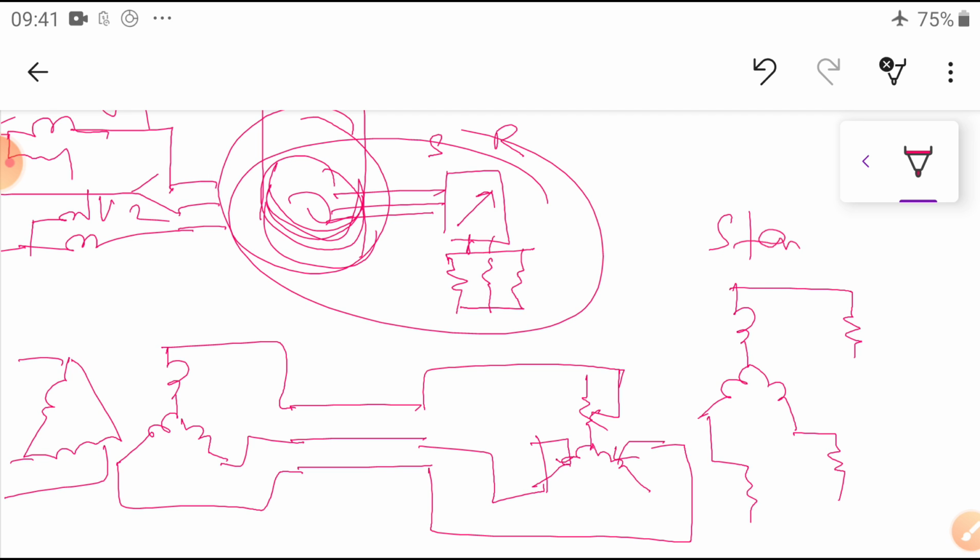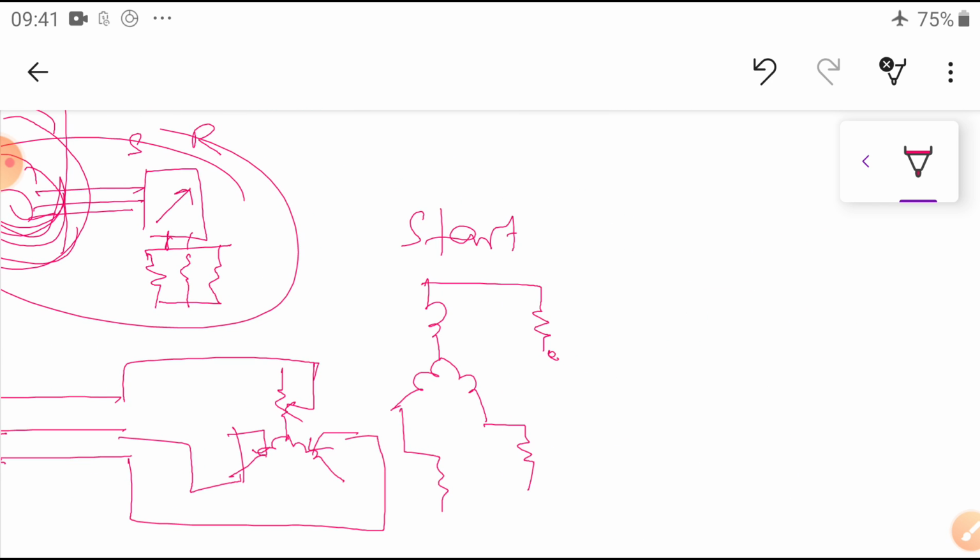In the start position, you add some resistance in series with the rotor circuit. In the run position, whatever the 3-phase winding resistance is, you simply take it and short it here. That means no resistance is added in series with the rotor winding.